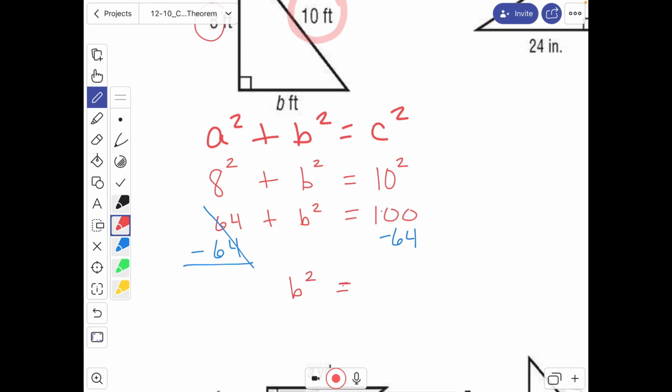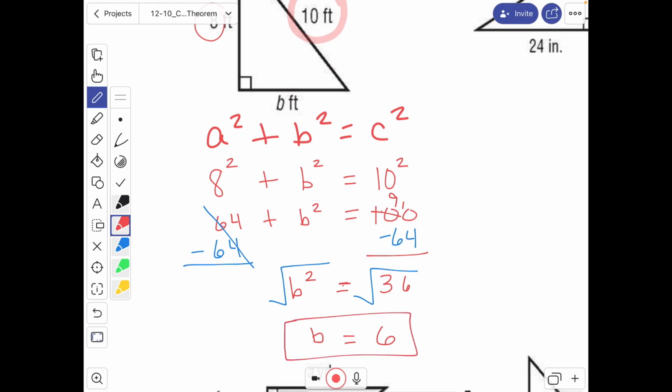And then on the other side, I have 100 minus 64. That makes 36. And then I need to find the square root of both sides. And the square root of b squared is just b. And the square root of 36 is 6. So the missing number, or the missing measurement, is 6.